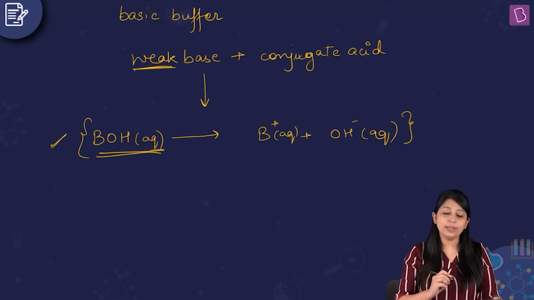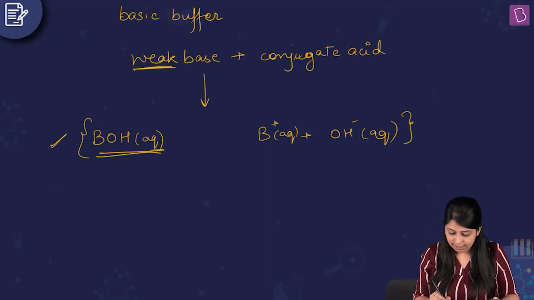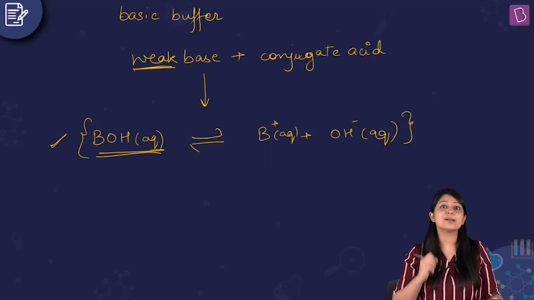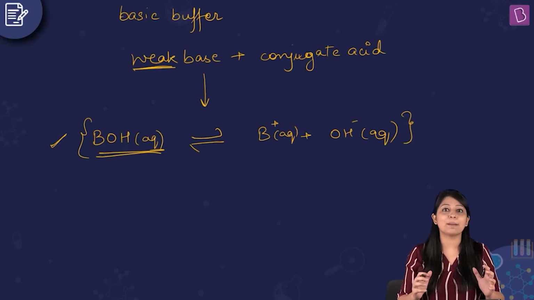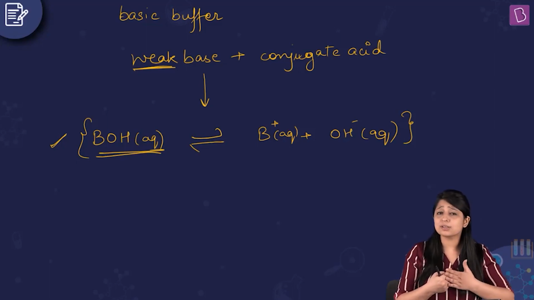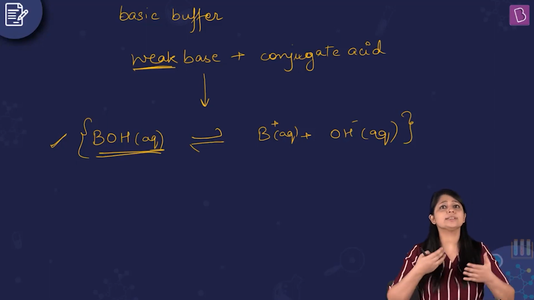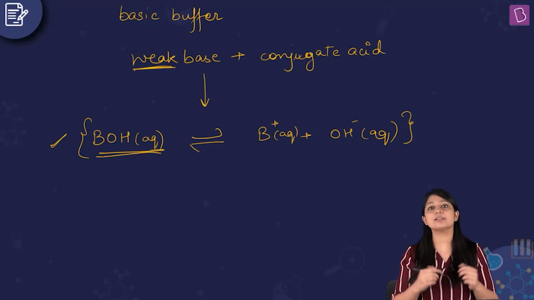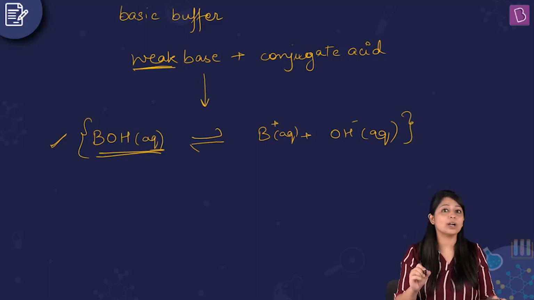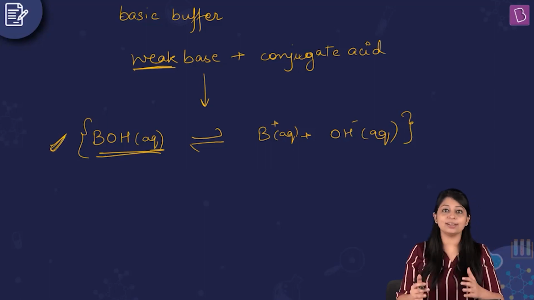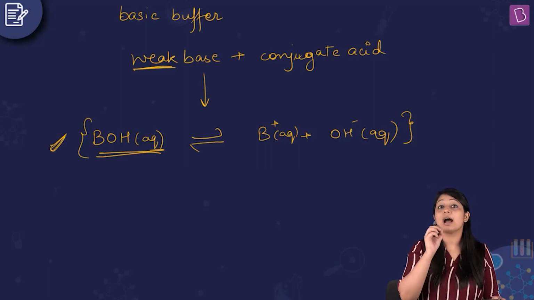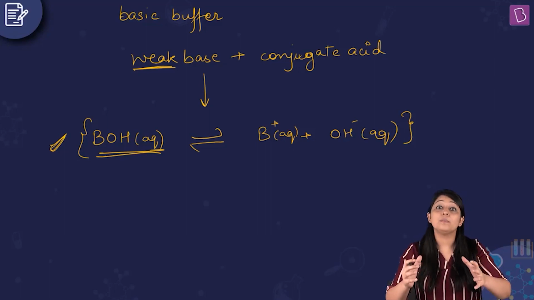But what is a weak base? If it were a reversible reaction, then the complete dissociation would not happen. There might be 10%, 20%, 50%, 70% dissociation, but 100% dissociation of the base will not take place. Hence, this equation in front of us is an equation of a weak base.